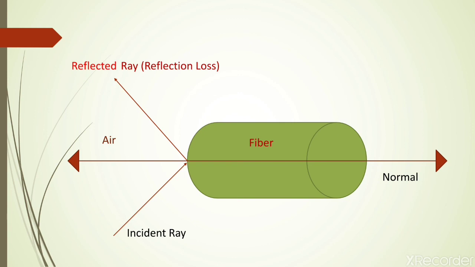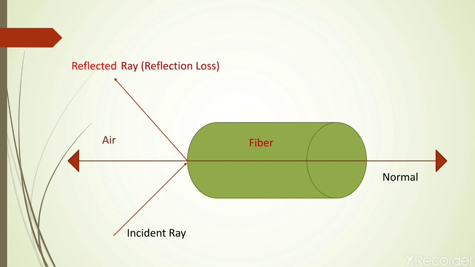This situation is shown in this diagram. You see, we want to feed the incident ray from the air to the optical fiber. So the incident ray travels from a medium of low refractive index to a medium of high refractive index.